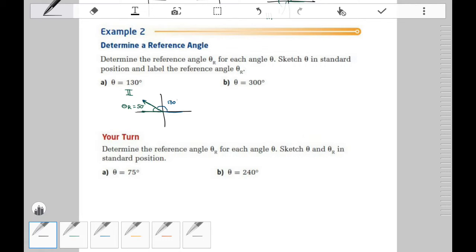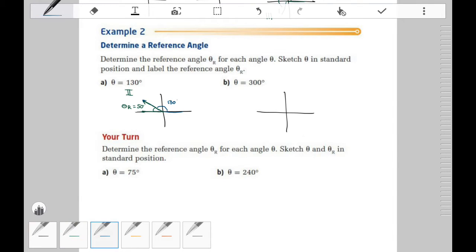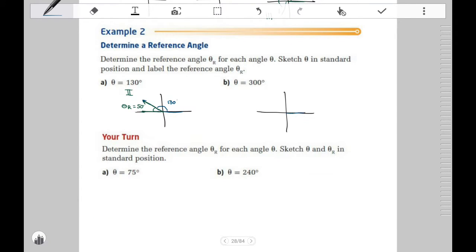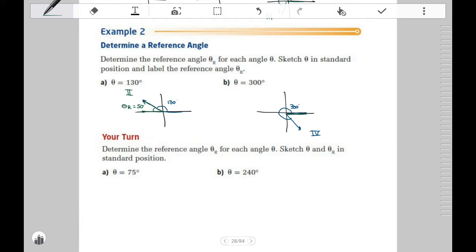Same idea for B. Make our axes. Our angle is 300 degrees, that's more than 270. So approximately here, 300 degrees. We're ending in quadrant 4. Our reference angle is taken from the x-axis, so it's this part here.